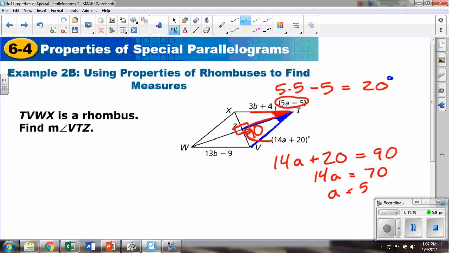But we know that the diagonals cut an angle in half. So if the top half of the angle is 20, the bottom half also has to be 20 degrees. Because the diagonals bisect the angle. It gets chopped into two equal-sized pieces. Once again, we want to focus and say, we know what these characteristics are.